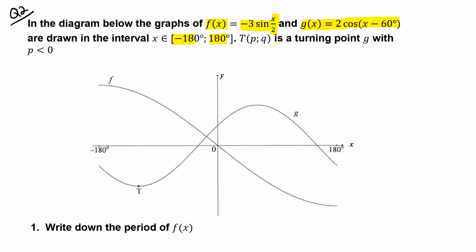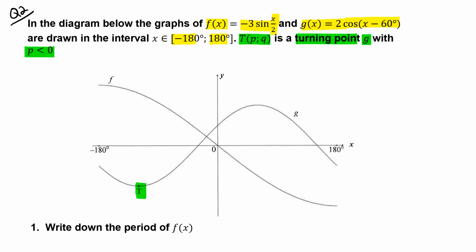Then it says that T(p; q), which is that point over there, is a turning point of g with p less than 0. So, let us begin looking at the questions.